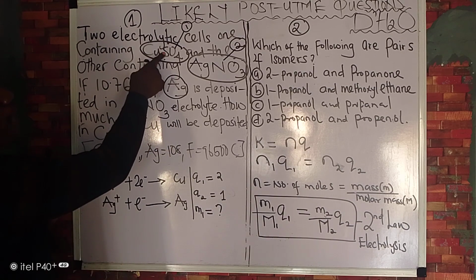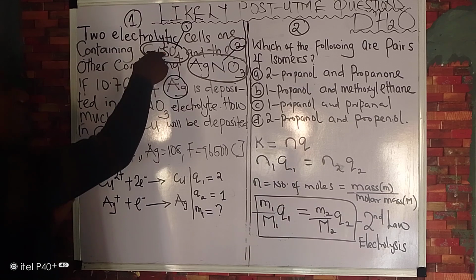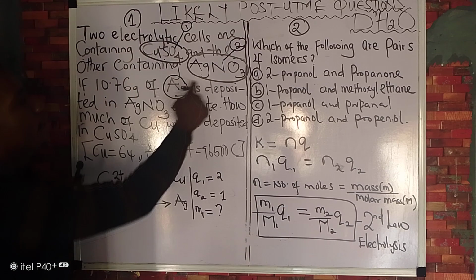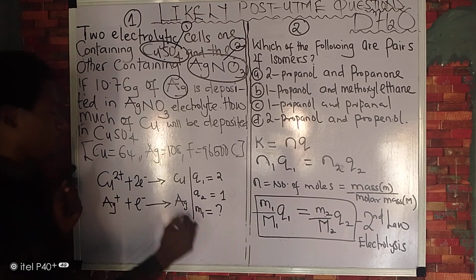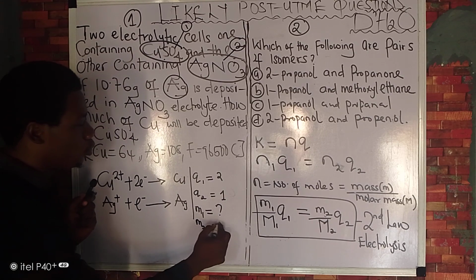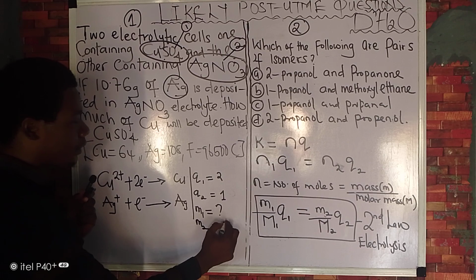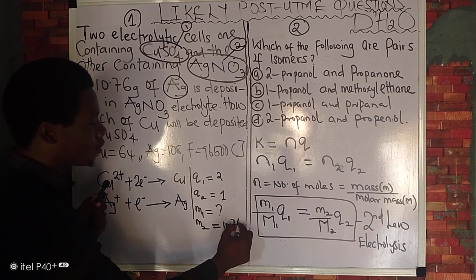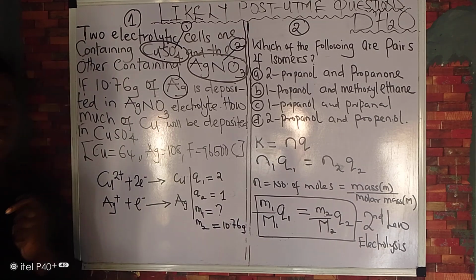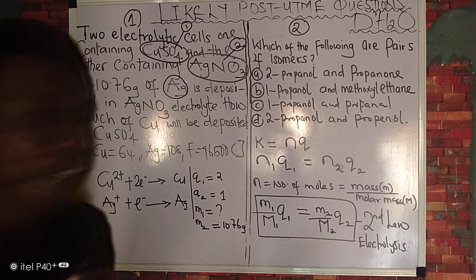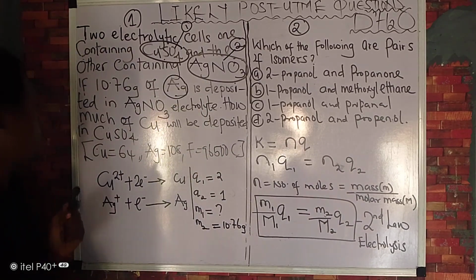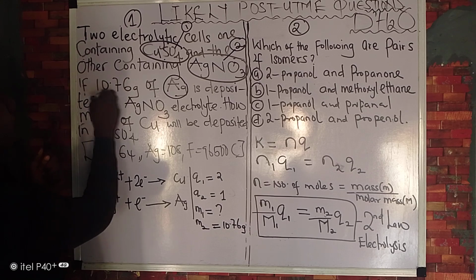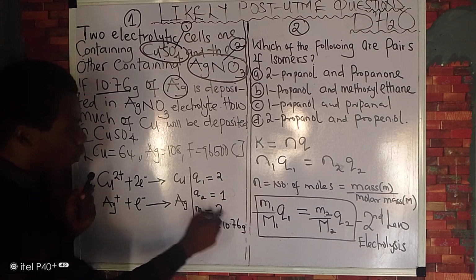They did not give us the mass of copper, which is number 1, but they gave us that of silver, which is number 2. So number 2 is 10.76 grams.